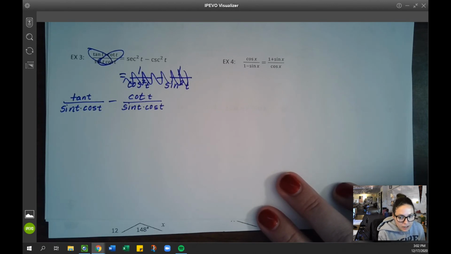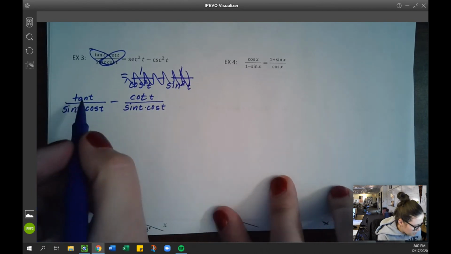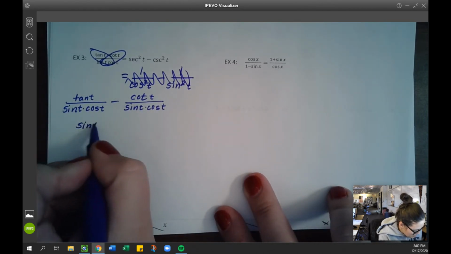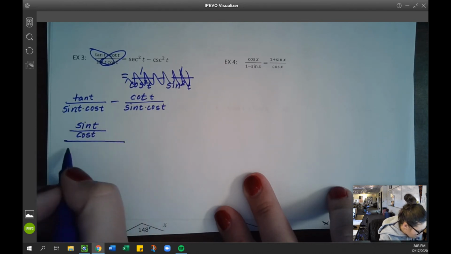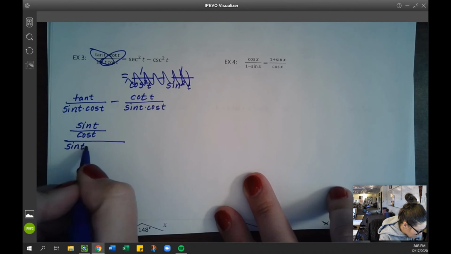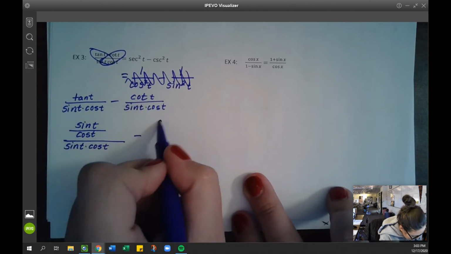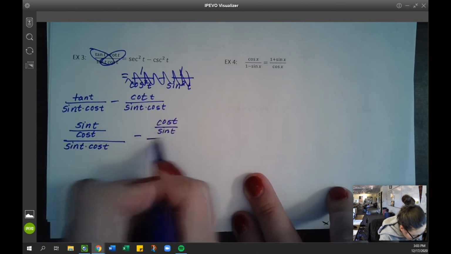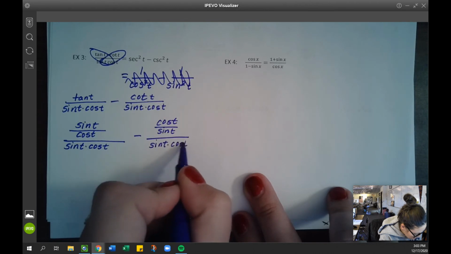And now I am going to write this all in terms of sines and cosines. So this is really sine over cosine over sine times cosine. This one is cosine over sine all over sine times cosine.